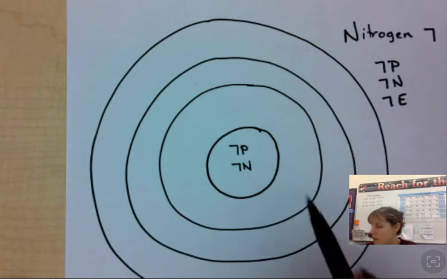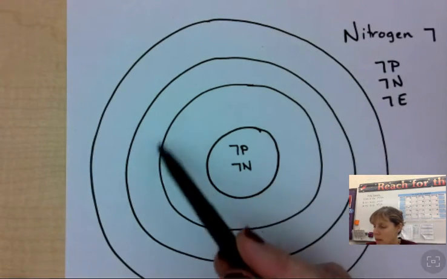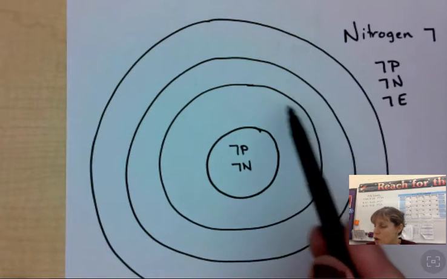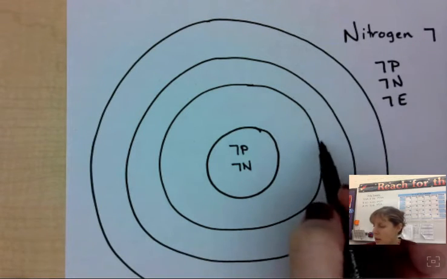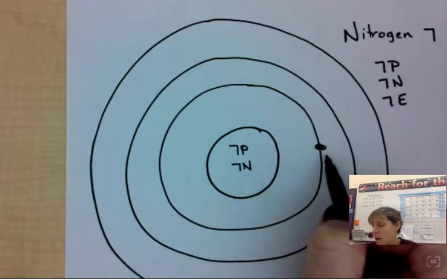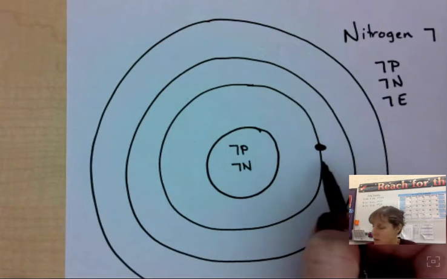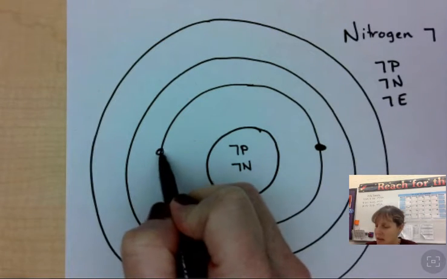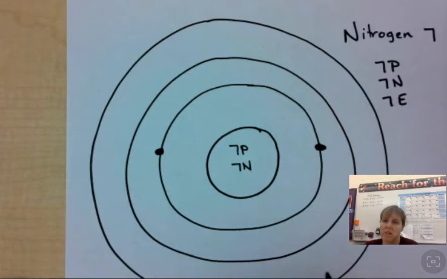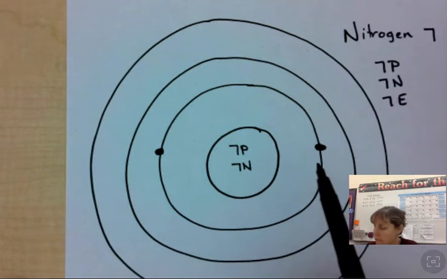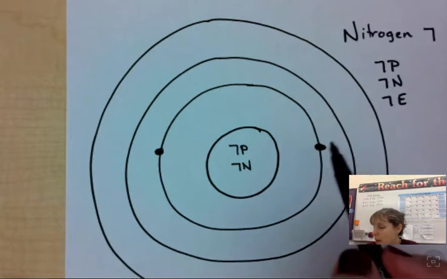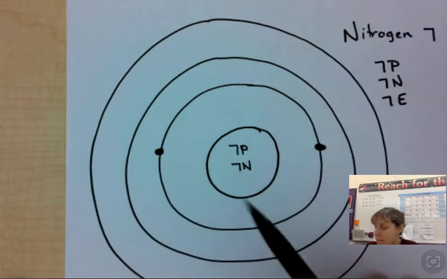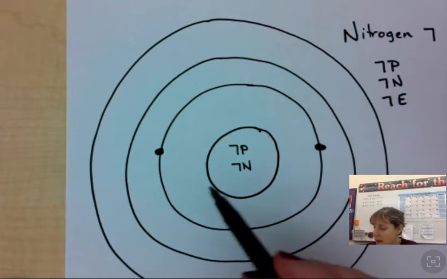On the first energy level, which is here, remember we can only put 2 electrons. So let's put them on there. 1, and again, you can put them wherever you want. I'm just going to balance them out because I like it that way. It doesn't really matter. Okay, then we have 5 more electrons that we have to add.